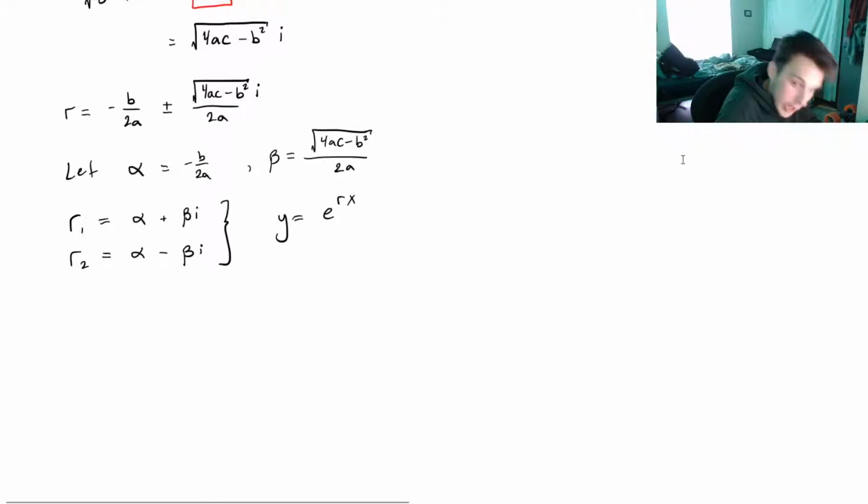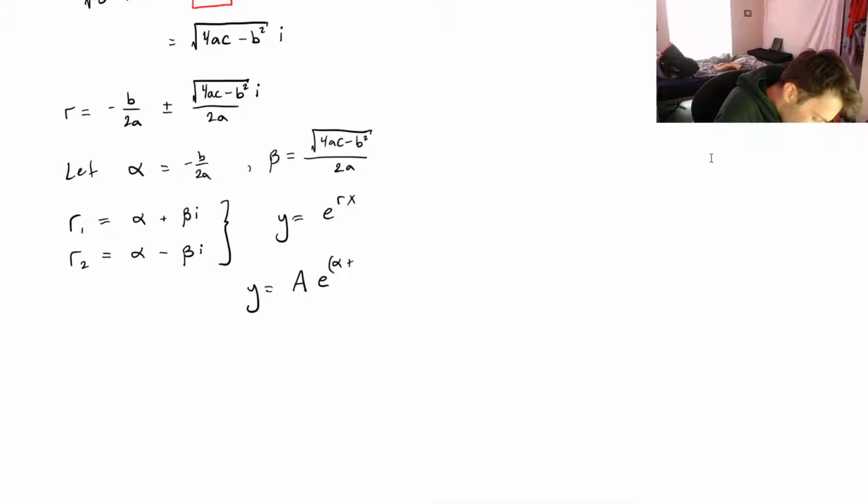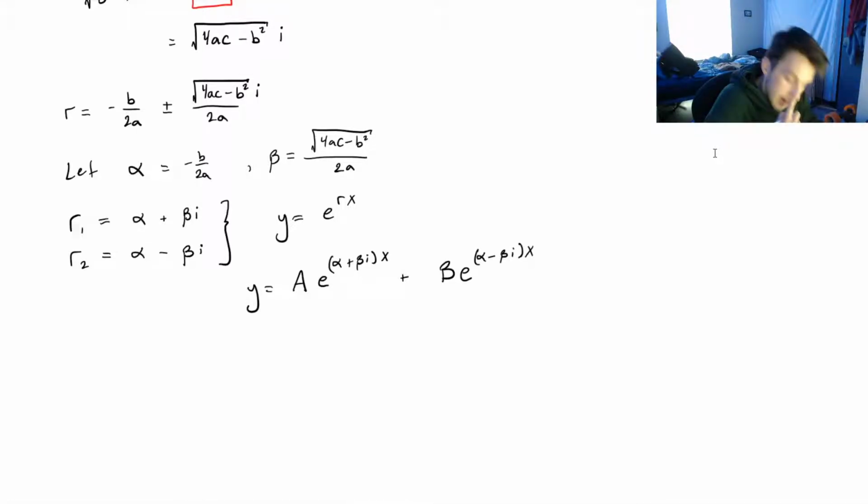So our general solution for this will be y is equal to, and let's call it capital A, times e to the alpha plus beta i times x plus b times e to the alpha minus beta i times x.